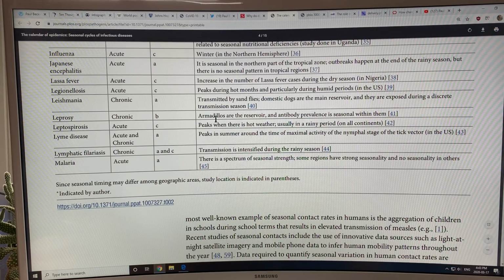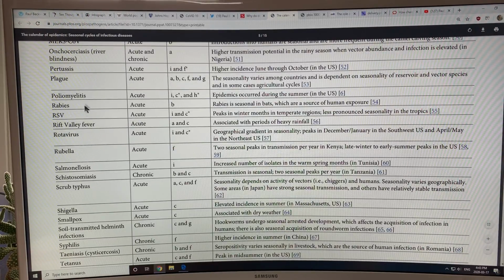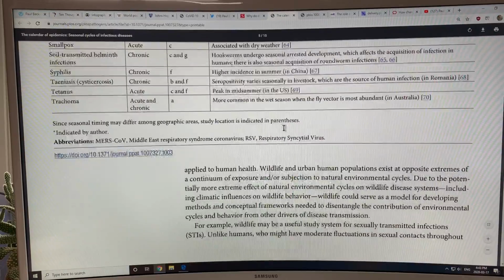For malaria, there's a spectrum of seasonal strength. Some regions have strong seasonality, other regions don't have it.